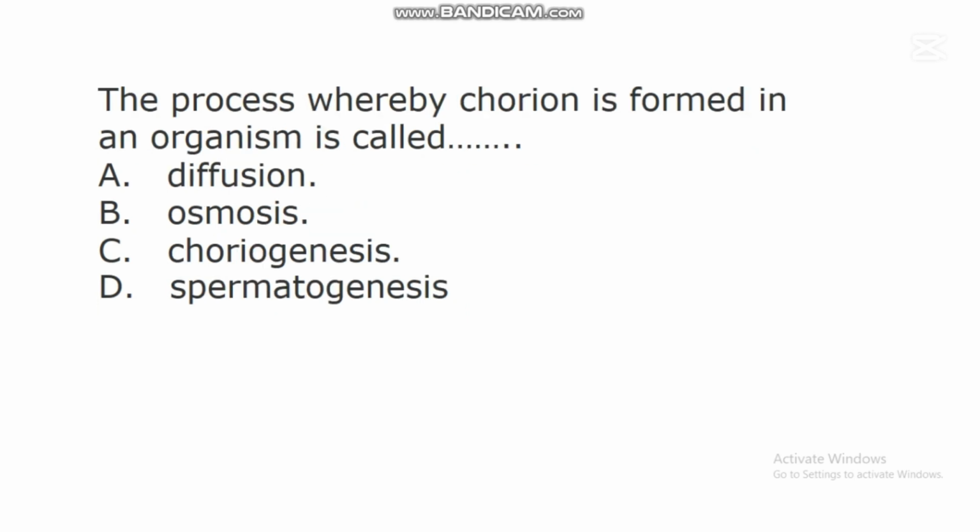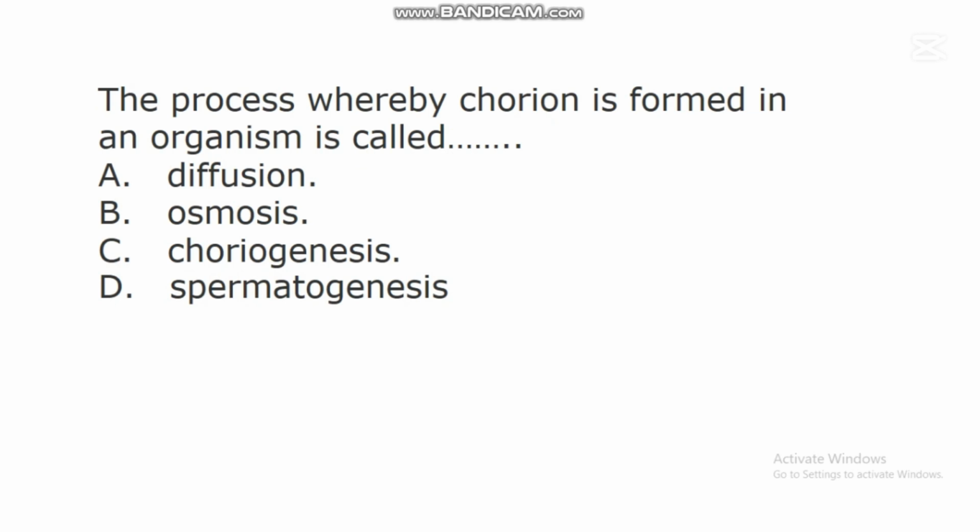The next question says, the process whereby chorion is formed in an organism is called dash. A, diffusion. B, osmosis. C, choriogenesis. D, spermatogenesis.